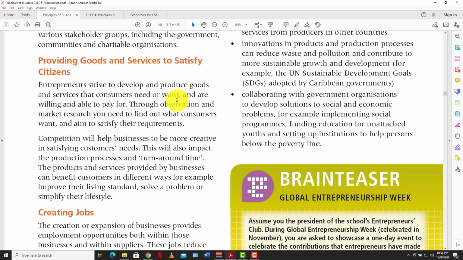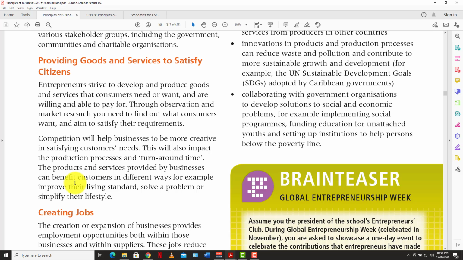Entrepreneurs strive to develop and produce goods and services that consumers need or want and are willing and able to pay for. Through observation and market research, you will need to find out what consumers want and aim to satisfy the requirements. Competition between the businesses will help businesses to be more creative in satisfying customer needs. This will also impact the production processes and turnaround time.